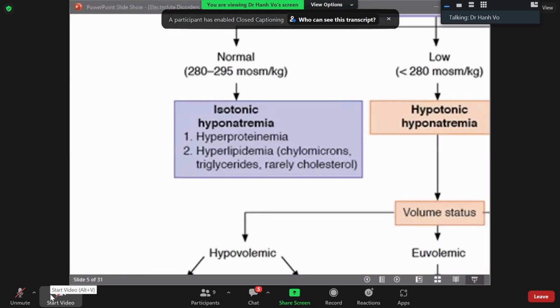The first, normal osmolality between 280 and 285 milliosmol per kilogram, is known as isotonic hyponatremia or pseudo-hyponatremia. This is where the body water and sodium level are normal, but there is an excessive amount of lipid, like hypertriglyceridemia, or protein, like multiple myeloma.